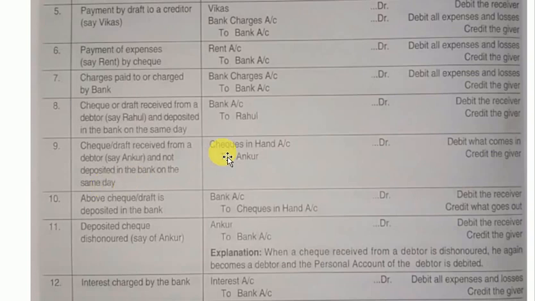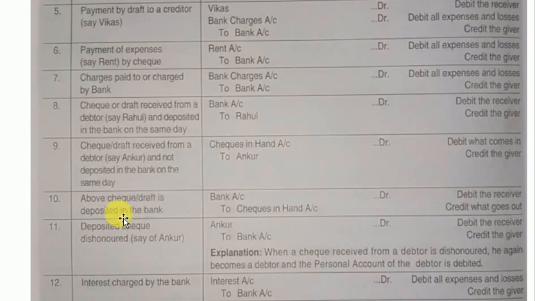That means you have received a check or draft and have not deposited that check into the bank on the same day. So the general entry will be checks in hand account debit to Ankur account. That means a person or debtor who provided a check to you. So the entry will be check in hand account debit to Ankur or debtor account.